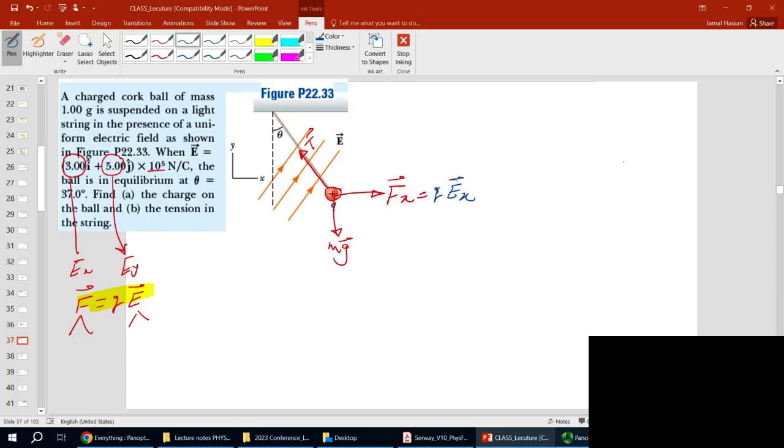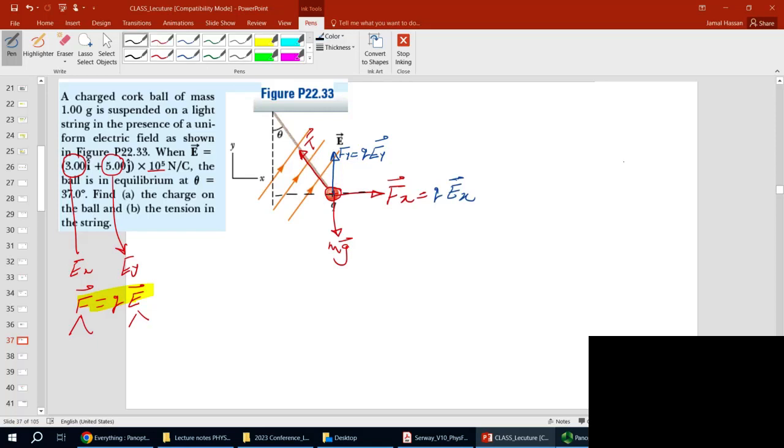And we have the y component, Fy equal to Q Ey. When I put an arrow on the Ey, I mean it with the direction. In this case the unit vector is j, but I'm not going to involve the unit vectors in the solution.